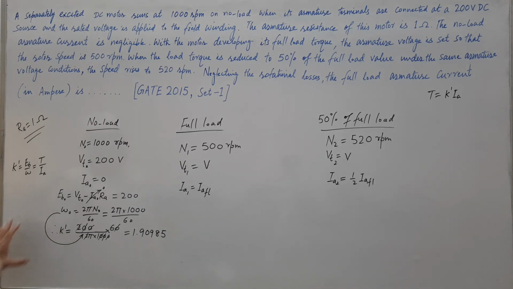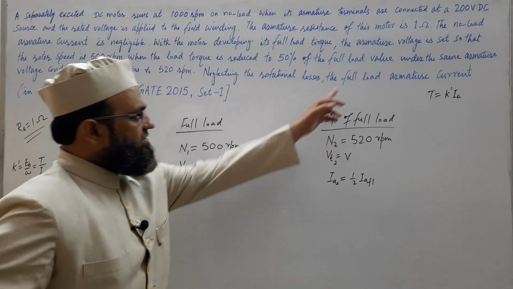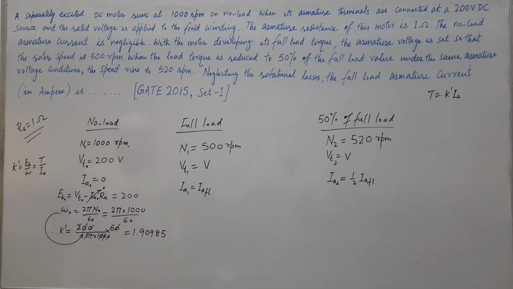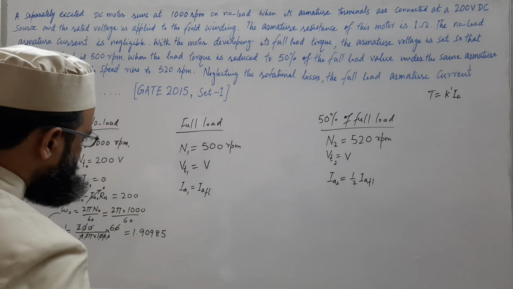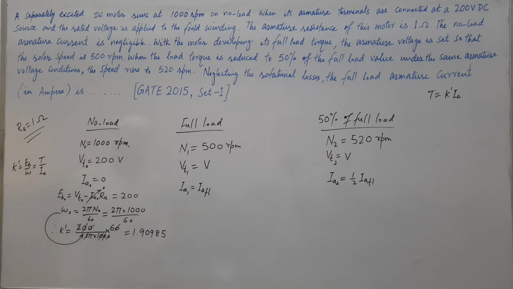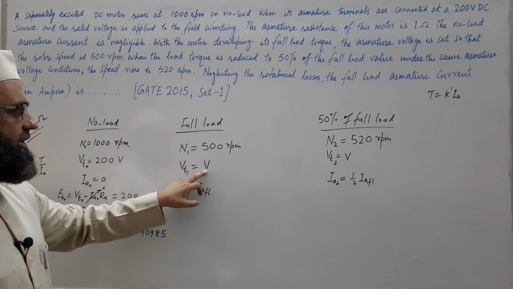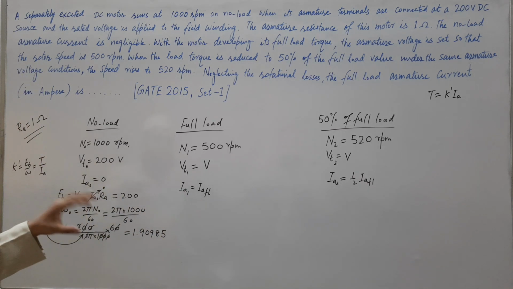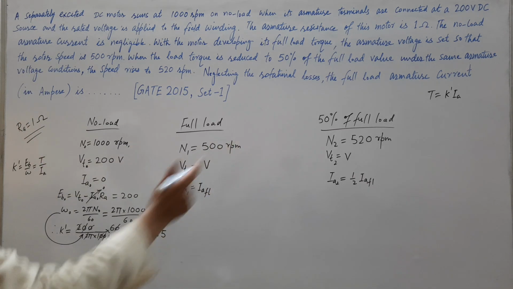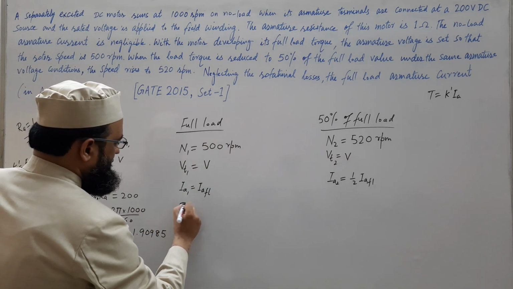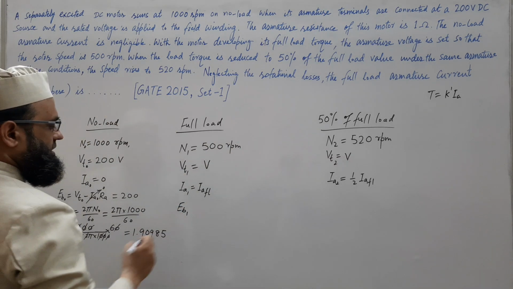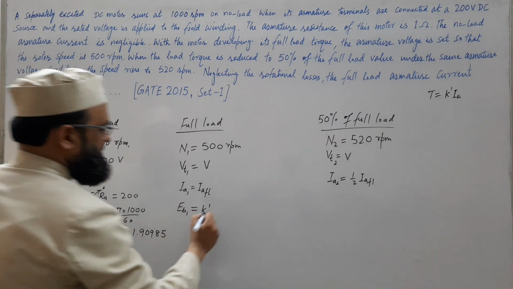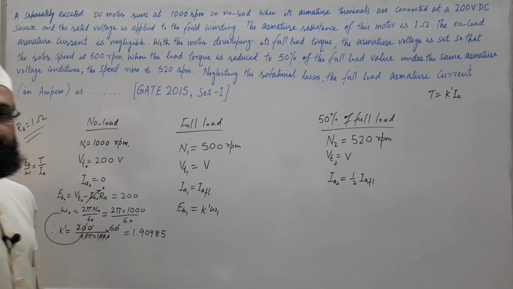Fine. So once K dash is known, what has been asked? This has been asked, IAFL. So how to get IAFL? We know that we have this voltage Vt, and we have assumed this RA is known, right? So we can get EB1. This can be written as K dash times omega 1.